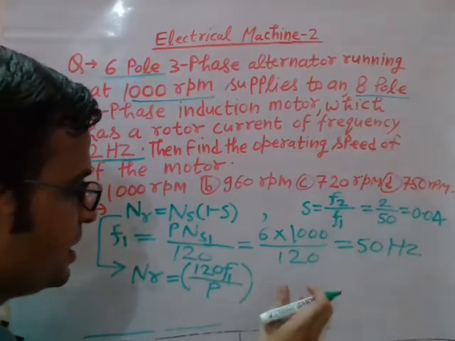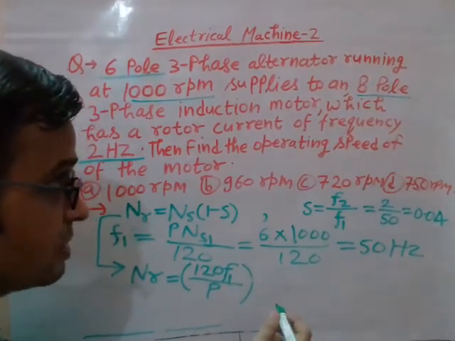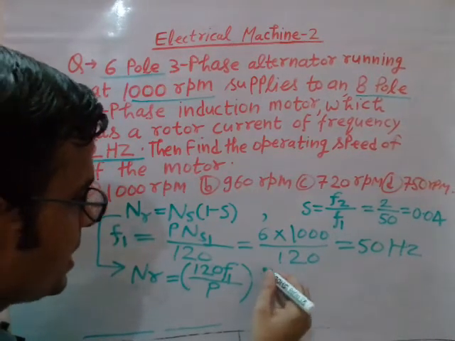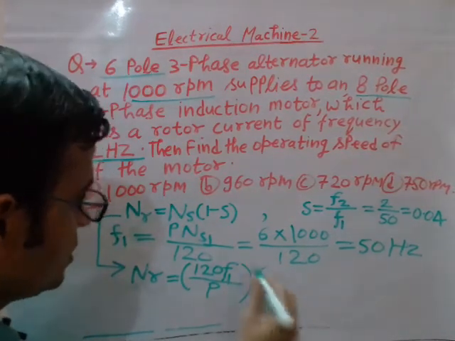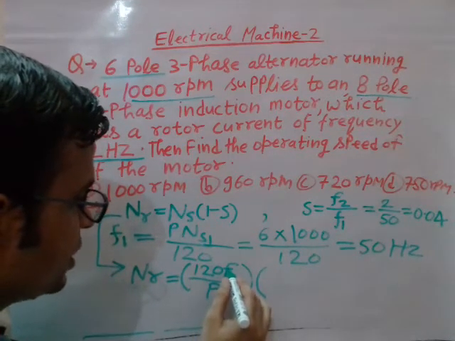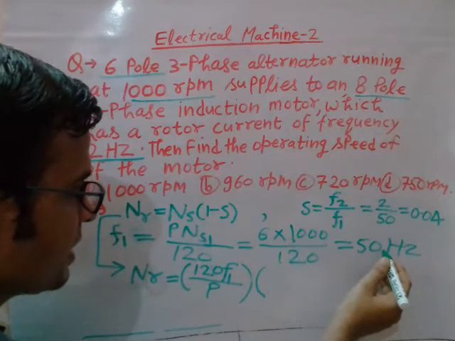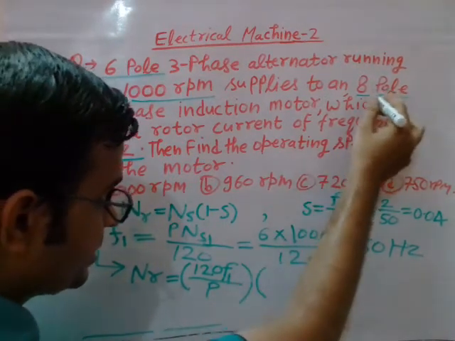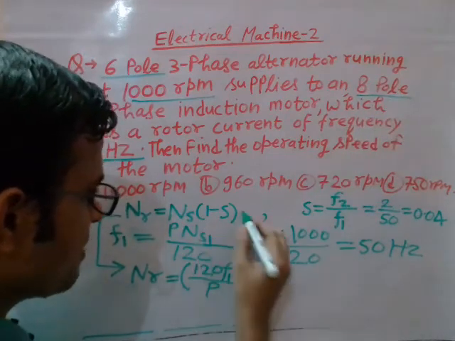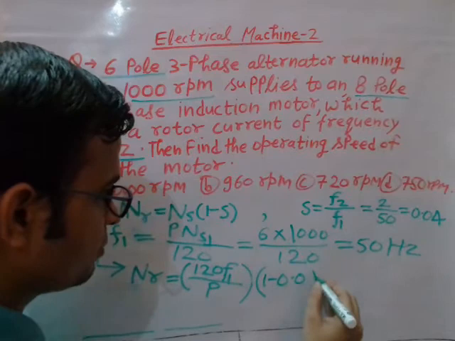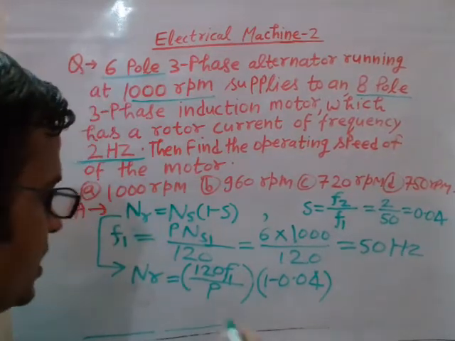At this speed your stator magnetic field rotates in the air gap between stator and rotor. F1 is the supply frequency, equal to 50 hertz, which you have just calculated. P is the poles of the induction motor, which is 8, given in the question. And 1 minus S is the operating slip of the induction motor.